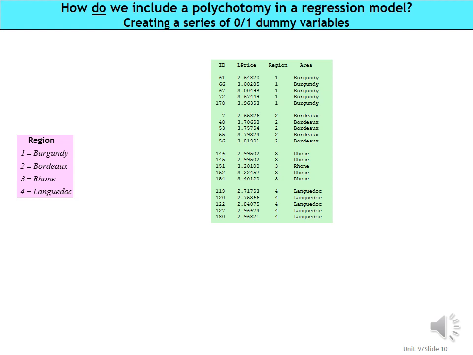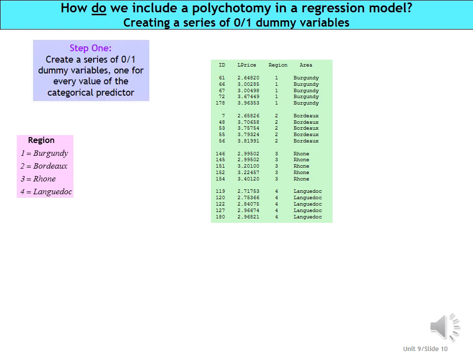So first of all, the variables are in here, like the regions 1, 2, 3, and 4. The first thing, we need to create a series of 0, 1 dummy variables, one for every value of the categorical predictor.